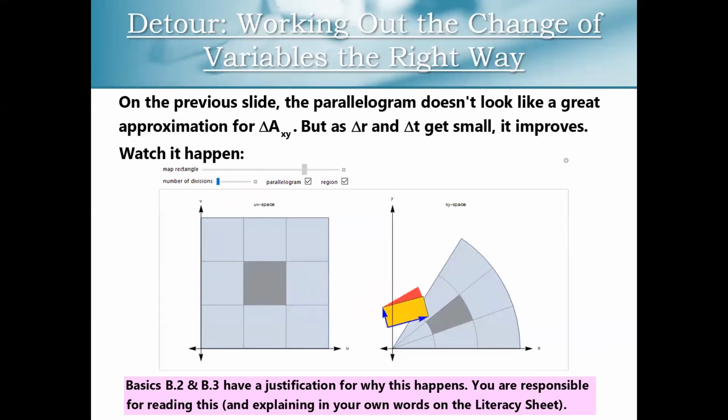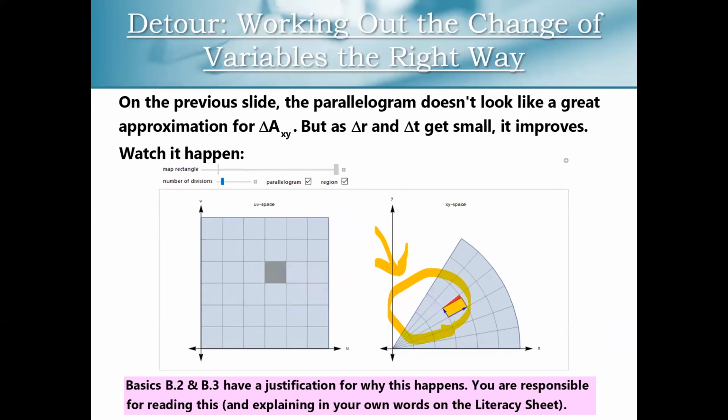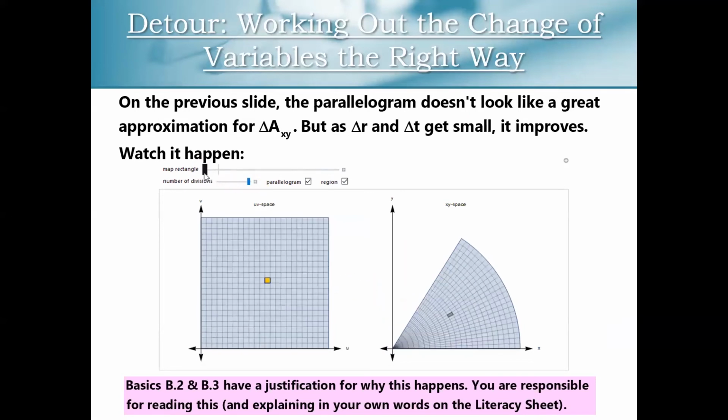And what ends up happening, though, you can see it happening in this animation. So look what's happening here, lots of error. The difference between the parallelogram and the sector is large when that region is large. But look, the amount of error is now less as it shrinks down. The difference between the parallelogram and the sector is not very noticeable after that second step. And look, in this final step, you can't even tell the difference.